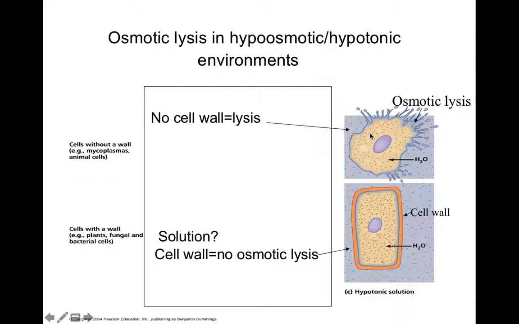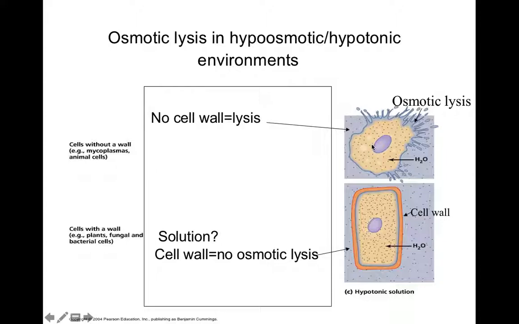So again, in a hypoosmotic environment, the concentration of solutes outside the cell is lower than the concentration of solutes inside the cell. And this is important because that means we'll have a net diffusion of water from outside of the cell into the cell, right? So we're going from higher water concentration to lower water concentration.